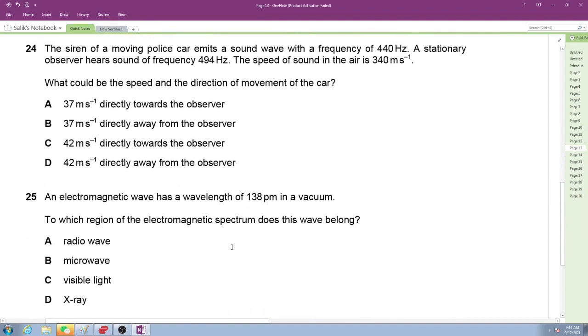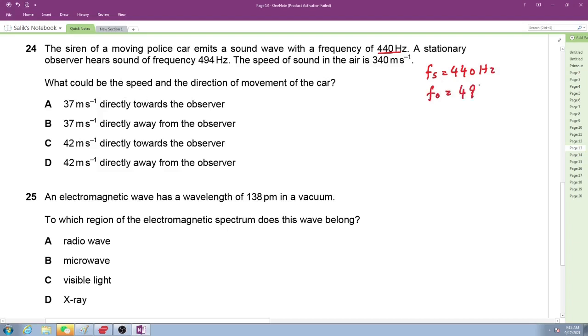Question number 24 is: the siren of a moving police car emits sound waves with a frequency of 440 Hz. So this is the frequency of the source, 440 Hz. Then they said a stationary observer hears sound of frequency 494.